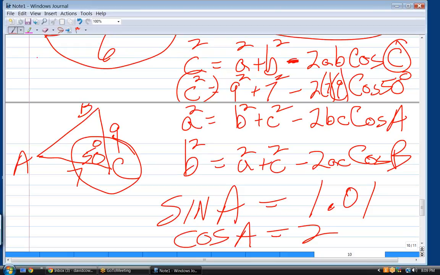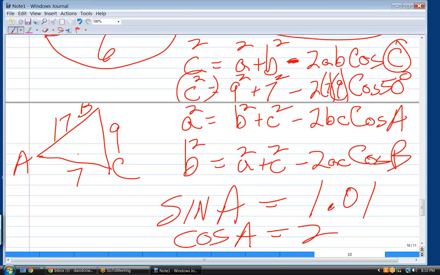What makes a triangle an impossible triangle? Well, the basic rule of triangles is any side has to be less than the sum of the other 2. So I could not have a side of 17 right there, because it's not less than the sum of 7 plus 9.